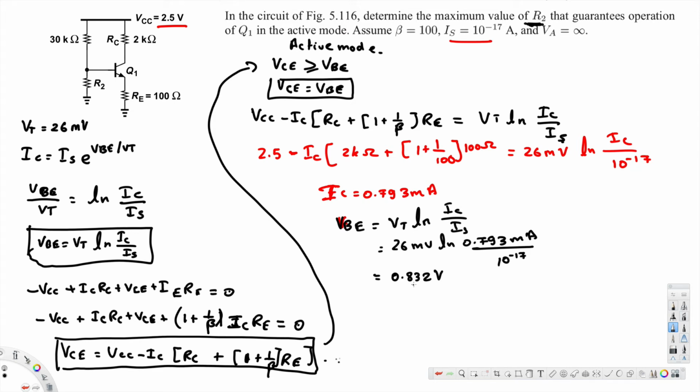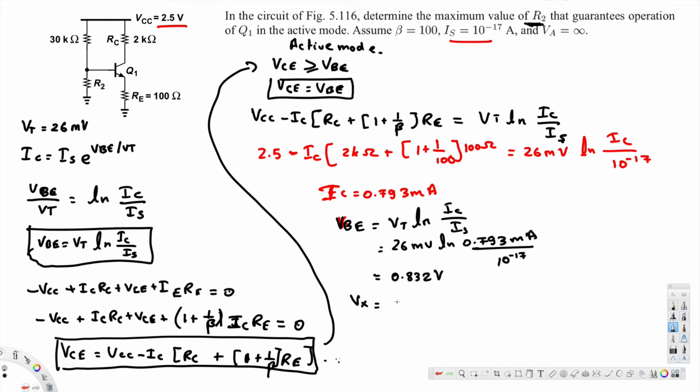Now the next thing is we are going to calculate Vx. To calculate Vx, we are going to use the voltage division. Vx is the voltage across this R2.